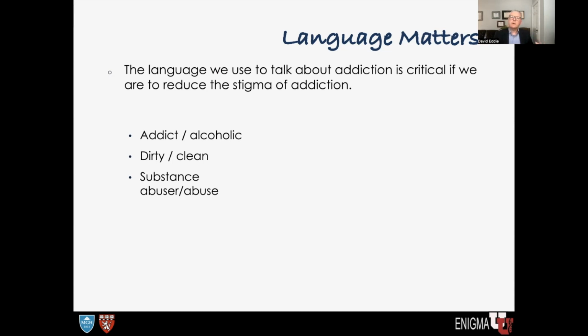We don't talk about toxicology results as dirty and clean anymore. At least we shouldn't be. When we talk about dirty results, we set up an implicit association that people with addiction are dirty. That's problematic as well. And what do you think about when you think about abuse?